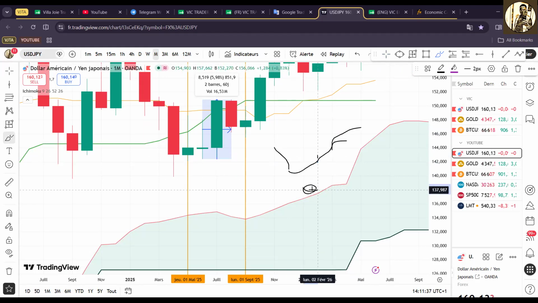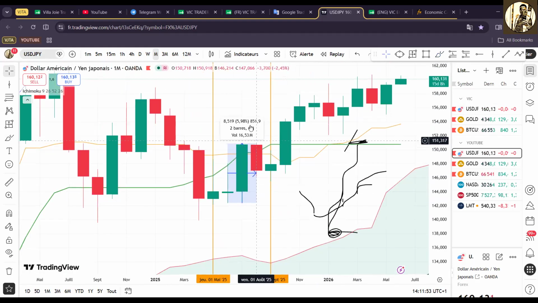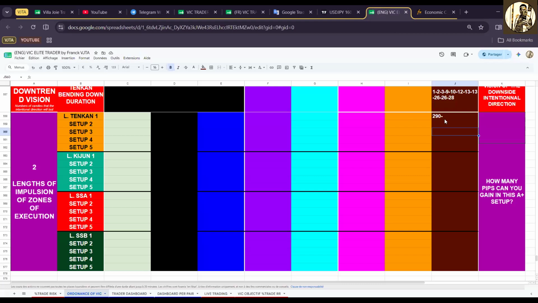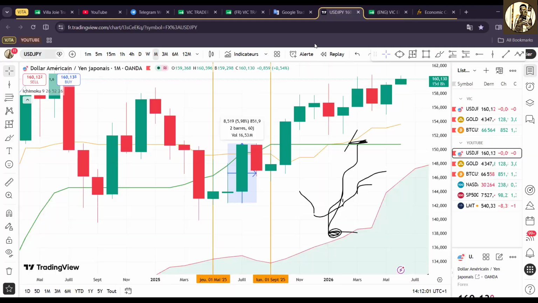If Tenkan starts going to the upside and candles are below here, I'll take this part below till candles go above here, the maximum between above and below Tenkan. For this example, the maximum separation at the maximum high is 851 pips. So that's for the first Tenkan during that uptrend of Tenkan, 851.